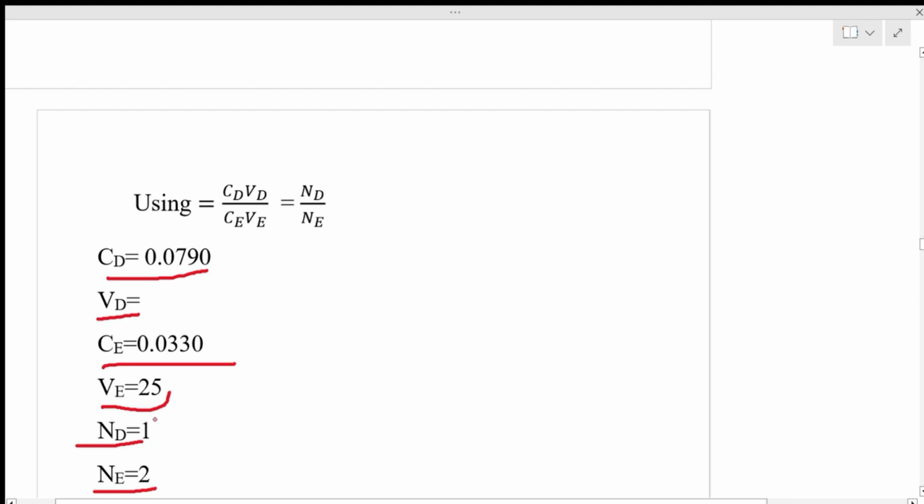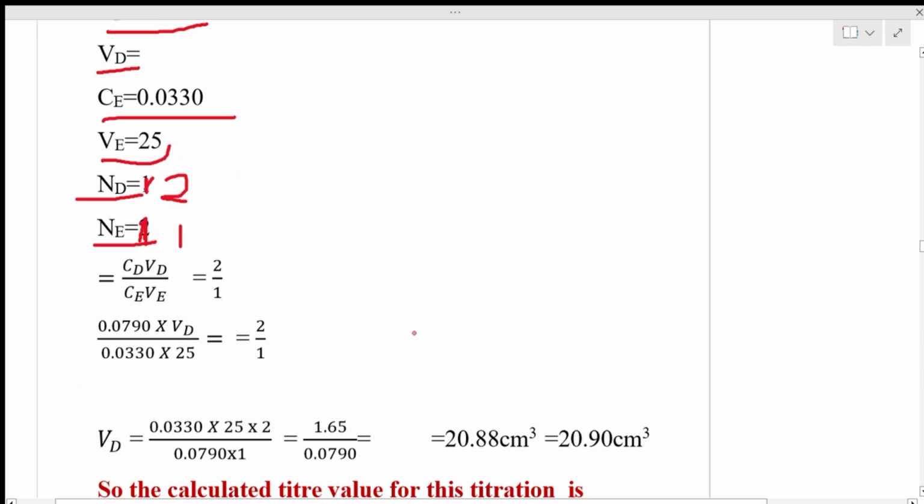This is 2 and this is 1 in the balanced chemical equation. So you can see from the balanced chemical equation and from the formula.